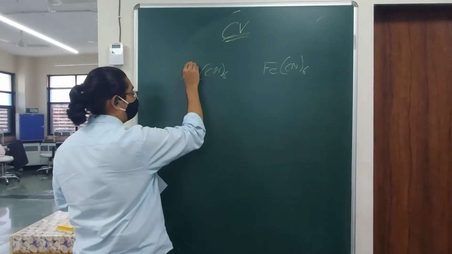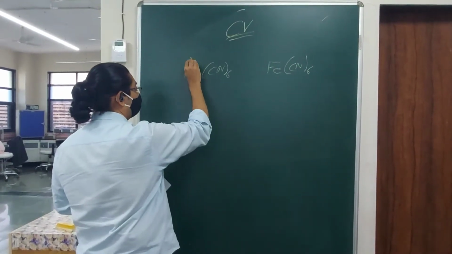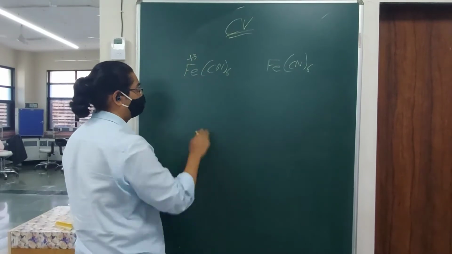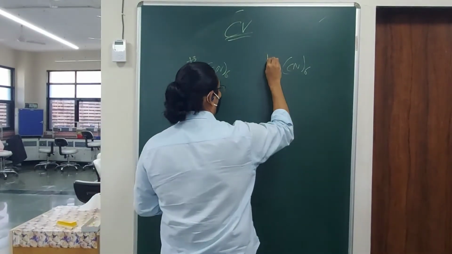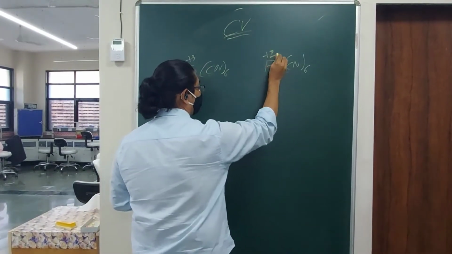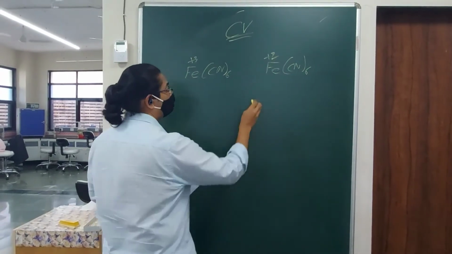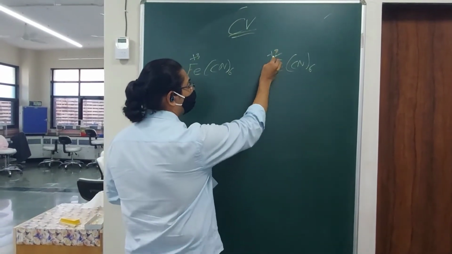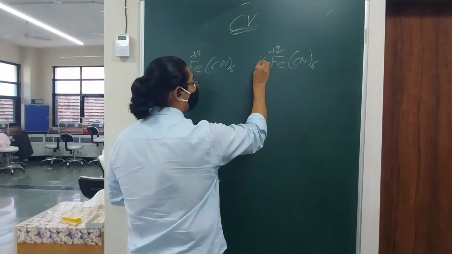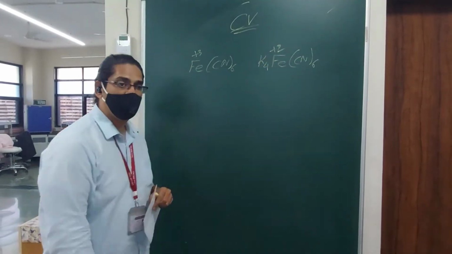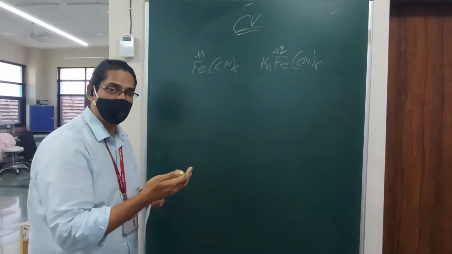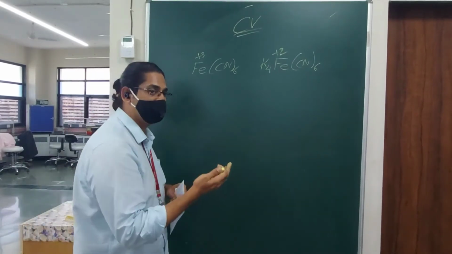Now if this iron is in the +3 state, it's ferricyanide. This iron, if it is in the +2 state, it is ferrocyanide. So how many more to be balanced? 2 taken care of by Fe, so it has to be K4, the potassium salt of iron cyanide.